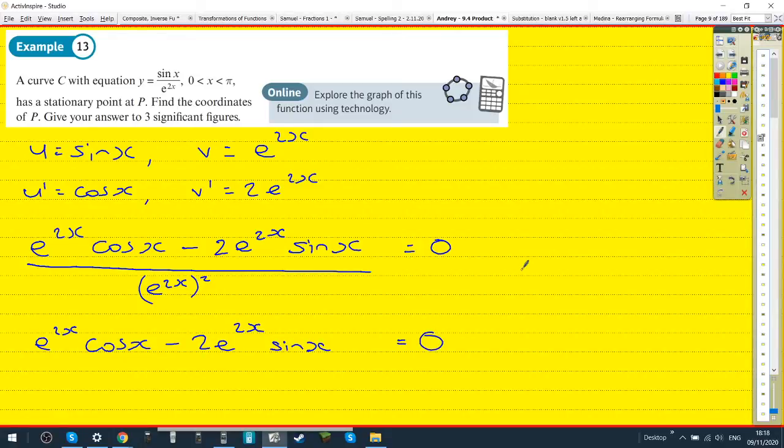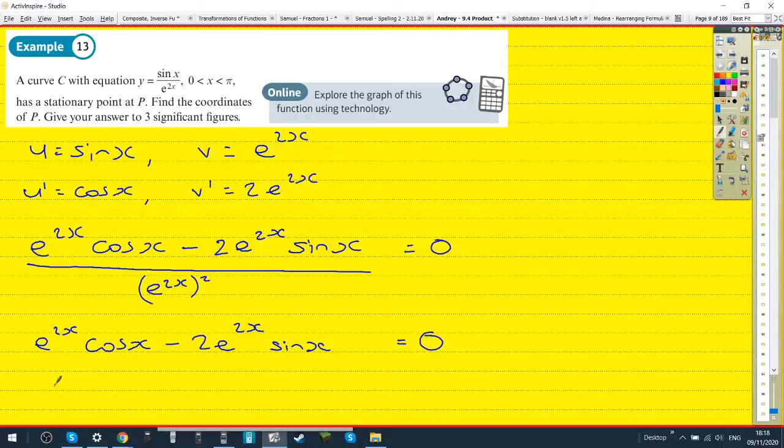What's next? Do I need to do 2x cos x equals 2e to the 2x sine x? You could. I'll give you a quicker way.